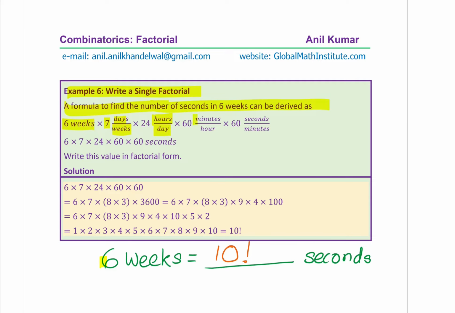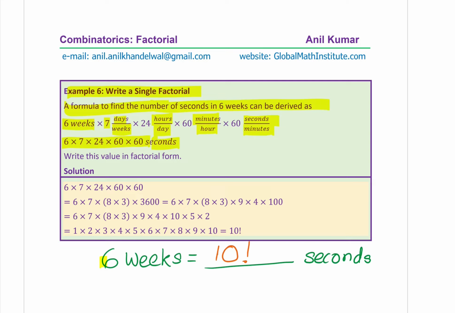Now every hour has 60 minutes, multiply by 60. And every minute has 60 seconds, so multiply by 60 again. Therefore, we can write that 6 weeks period as 6 times 7 times 24 times 60 times 60 seconds. So that is what we have.